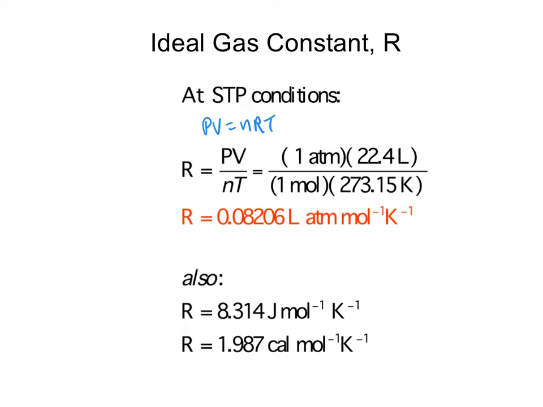Calories used to be the standard, and the ratio of joules to calories is 4.184. You don't need to know any of that, it's just numbers you see from time to time in your reading. Just focus on this one for the gas chapter.